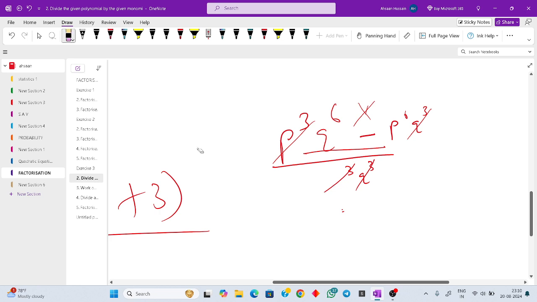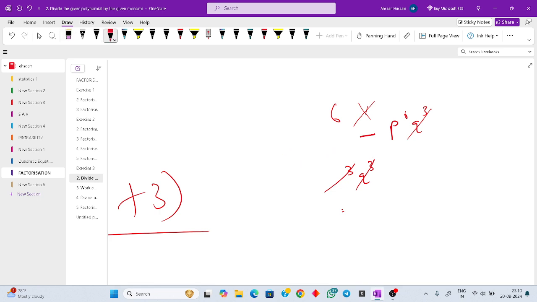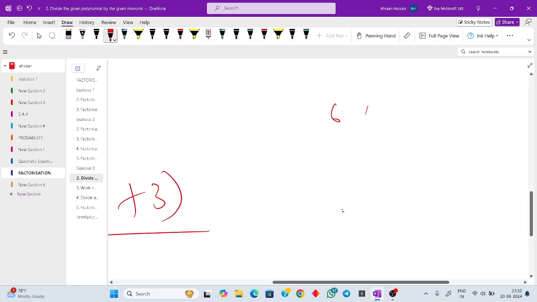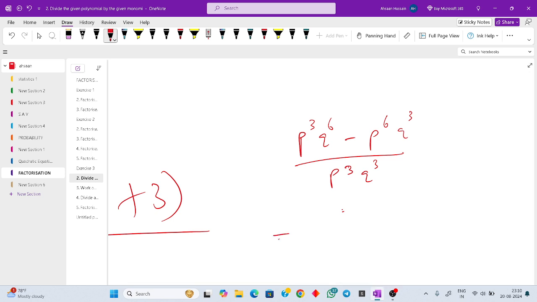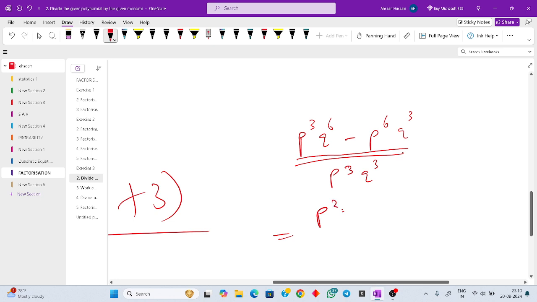Okay, I have to write it again now. So p cube q6 minus p6 q cube by p cube q cube. First of all, we need to find the common factor. So the common factor would be p cube and q cube.